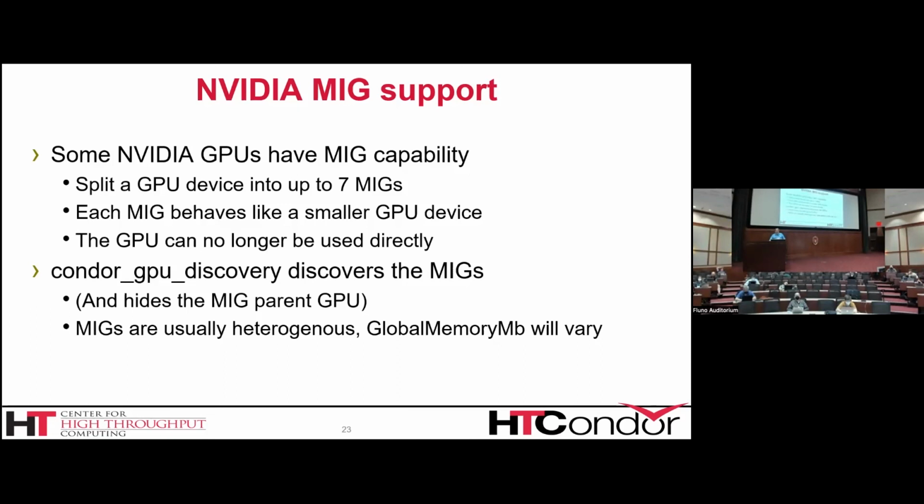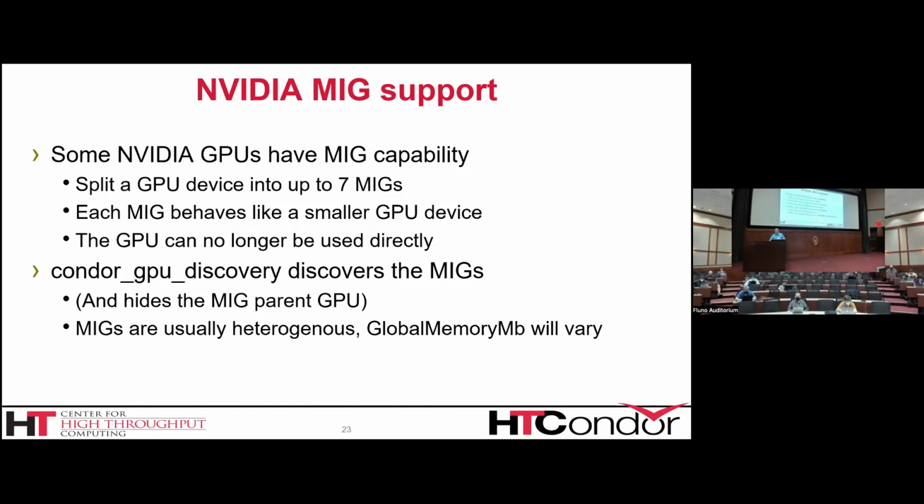There are a couple of problems with this. When we first deployed MIG support in 9.0, we discovered that almost every MIG configuration looks to Condor like heterogeneous GPUs. And at the time, we didn't have very good support for matchmaking with heterogeneous GPUs. That problem, of course, is now solved.